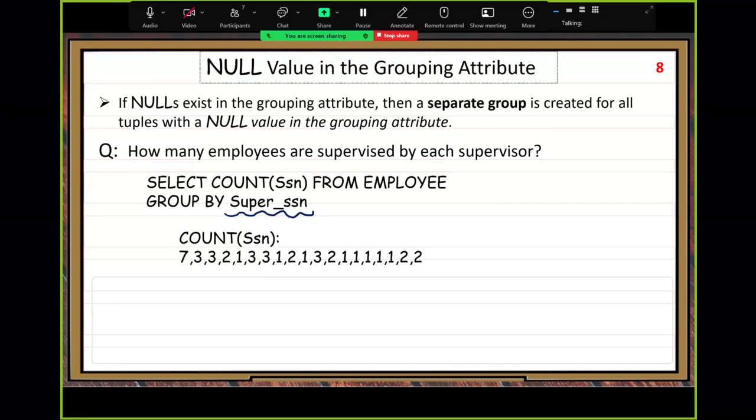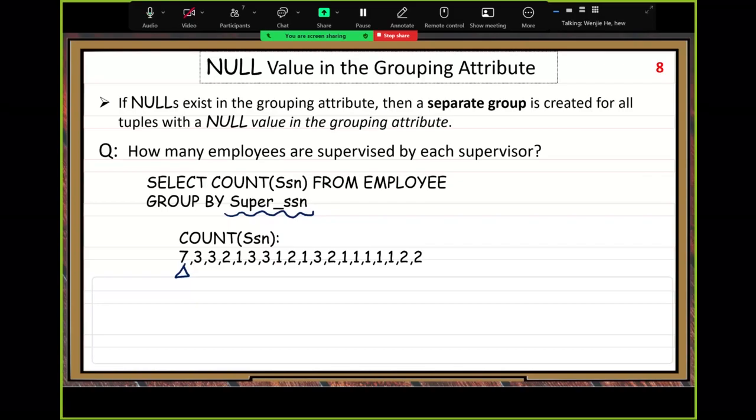Then the value returned first is 7, because based on the rule, the null value is treated as one group. All the tuples with a null super_SSN are in one group.